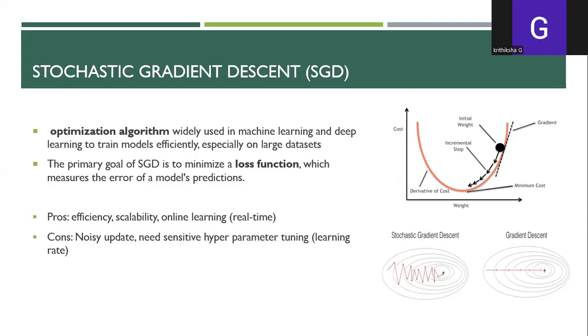So it will find that first, and then in the opposite direction, it will update the model parameters and try to reduce the errors up to the minimal cost of the weight. We call that point a local minima. So this is how the general gradient function works.